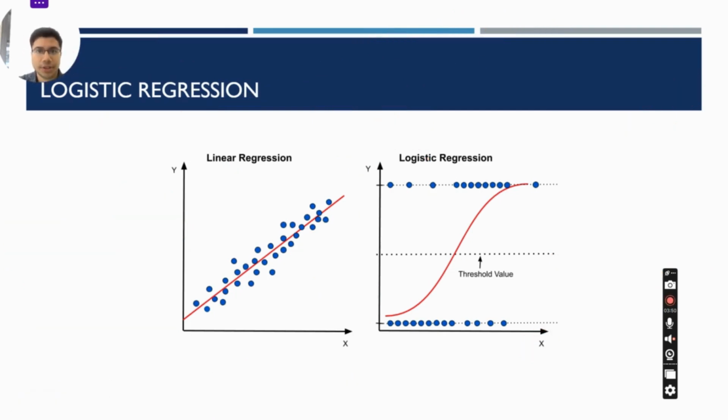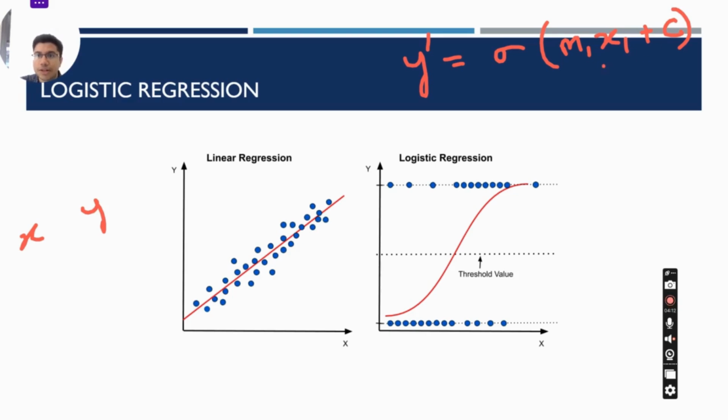How does that work? Let us say we have x as the feature and y as the prediction. Logistic regression is simply given by this formula: sigmoid of m1 x1 plus c.